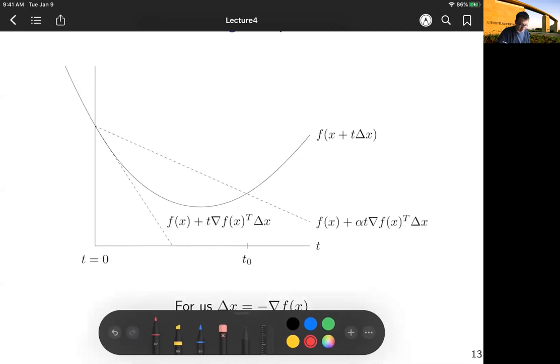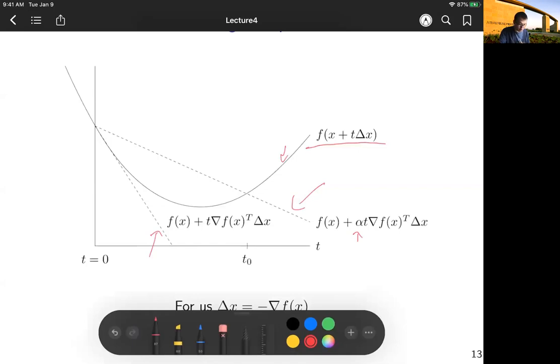On the vertical axis, we have either this function at the updated location, or all these dashed lines, which denote the linearized version of the function f at location x. The key difference is that when we choose alpha to be, say, half, then the gradient gets scaled by a factor of half, so it doesn't go down as quickly, right?